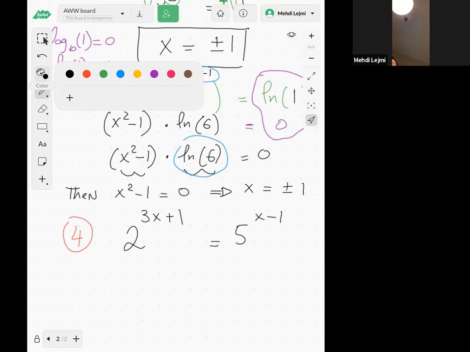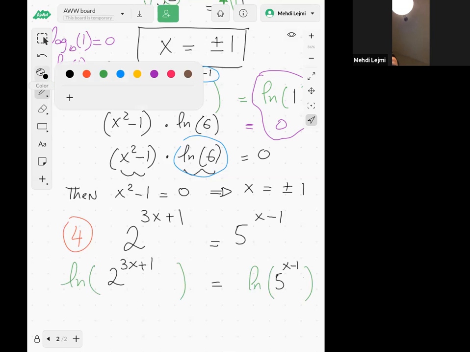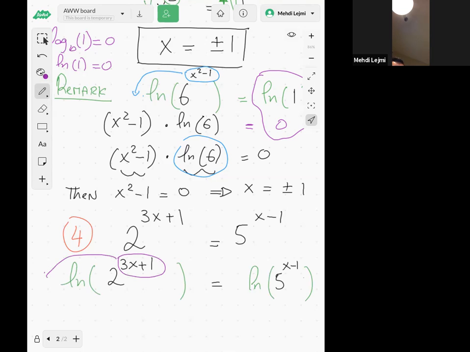So the only option here is really to apply a natural log to both sides. So here I have my 2 to the power 3x plus 1, and here I have my 5 to the power x minus 1. And the point of applying a log is that we can bring down this power in front of the log.